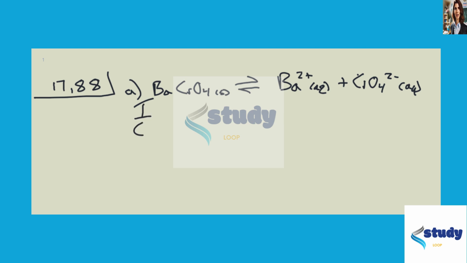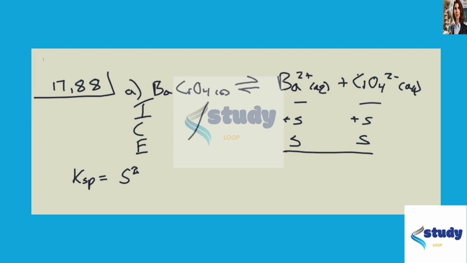Now if we draw our ice table, we have no initial concentration and a change of S. And so now we're given molar solubility, so we have KSP is equal to S squared, from this here, S times S.